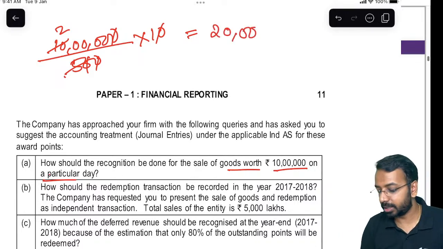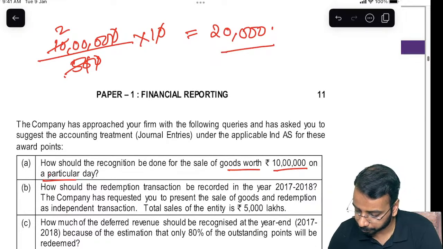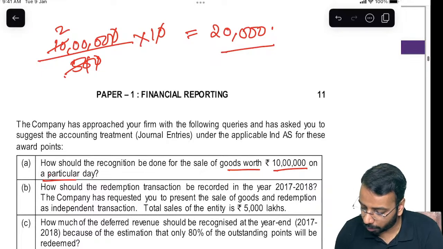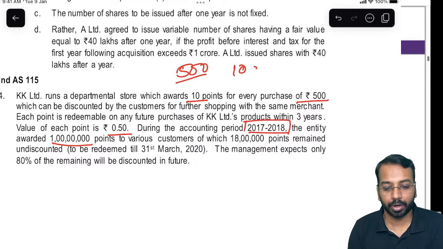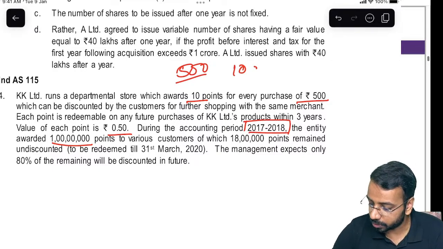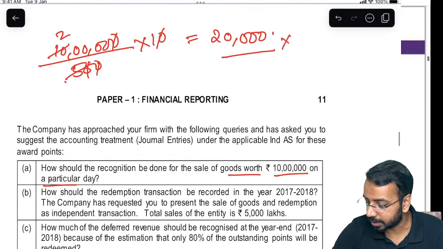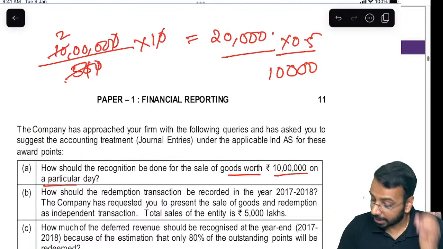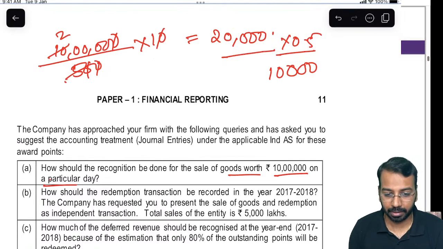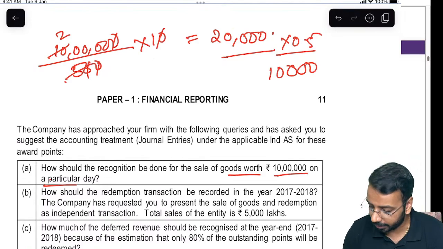Now 20,000 points is what is recognized, correct? Now the value of each point is how much? Value of each point is 0.5. So 20,000 into 0.5, the value that you get is 10,000. Now 10,000 worth of points you are providing gives the customer a material right.